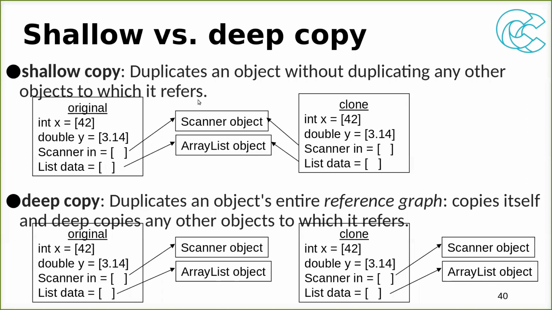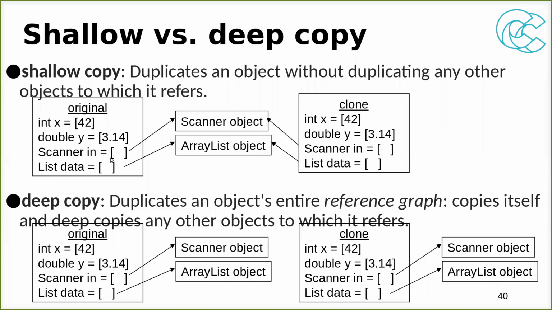So when you say Point p1 equals p2, where p2 is also a point, an instance variable of type Point, then you are copying the reference and not the state of the object, right? So now p1 and p2 would point to the same memory location. So the same thing is happening here.